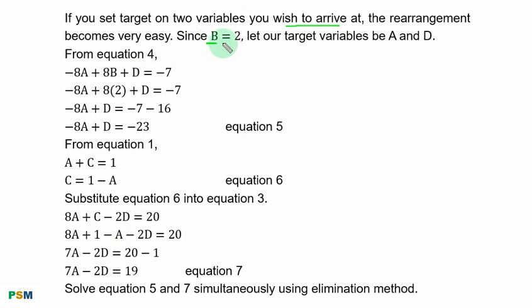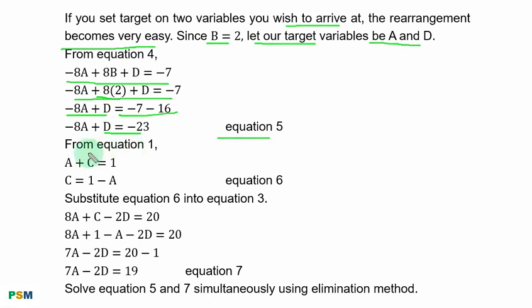Since b is equal to 2, let our target variables be a and d. So from equation 4, you simply replace b with 2. You have minus 8a plus d. This term is 16. You transfer it to the right hand side and you have minus 8a plus d equal to minus 23 as equation 5.